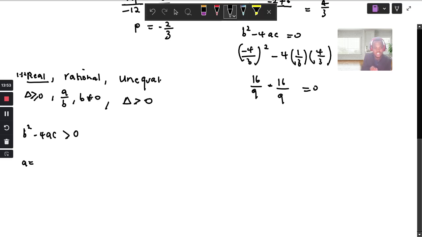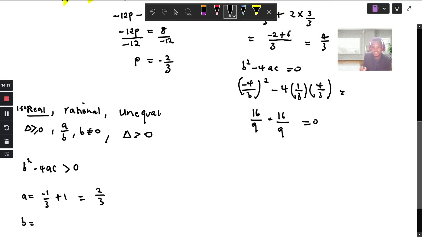So let's just check. I said we are checking for the value near this one, so the near one is minus 1 over 3. You say plus 1, that means you get 2 over 3. Let's go for b. I said that, where is b?